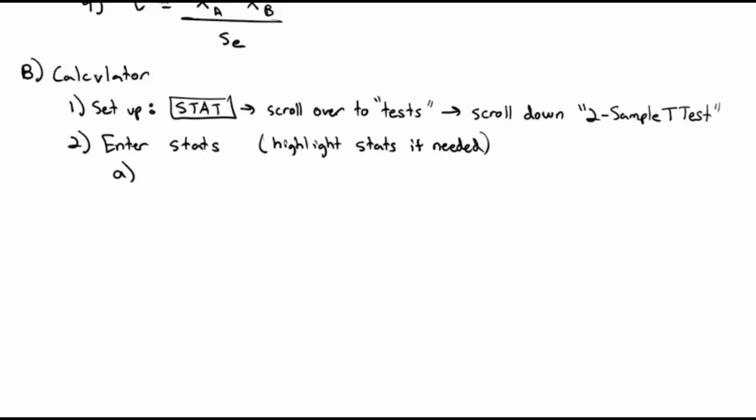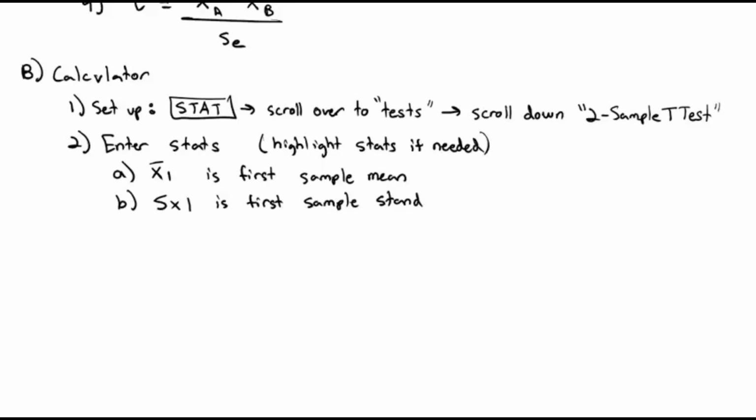When you get in there, the first thing it's going to ask you is for x bar 1. That is the first sample mean. Then it will ask you for sx1. That is the first sample standard deviation.